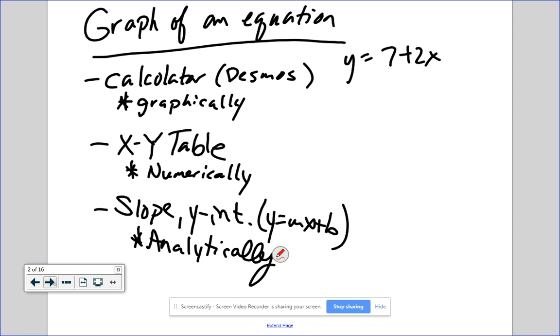You can find it by just using an XY table, which is what we call numerically. That's where you're literally plugging and chugging to find all the missing info that you need.